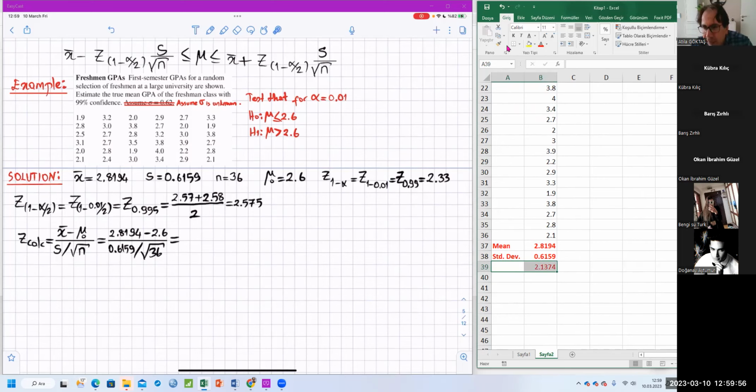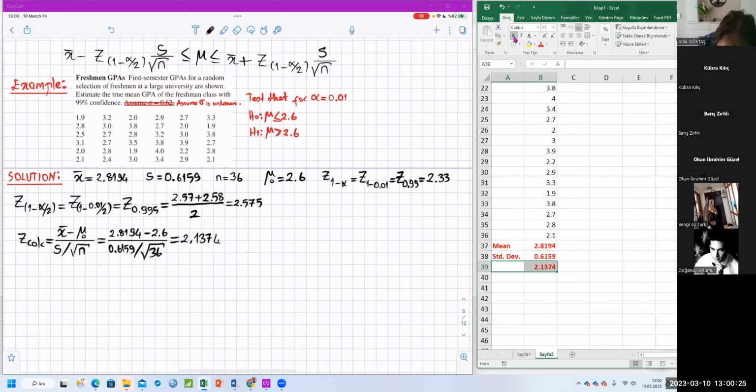So this is the calculated statistic, and I can easily write it down here. The result is 2.1374. Okay, the calculated statistic is 2.1374.